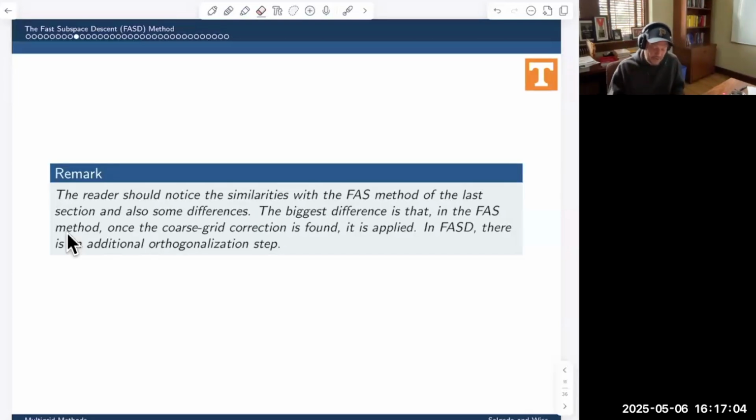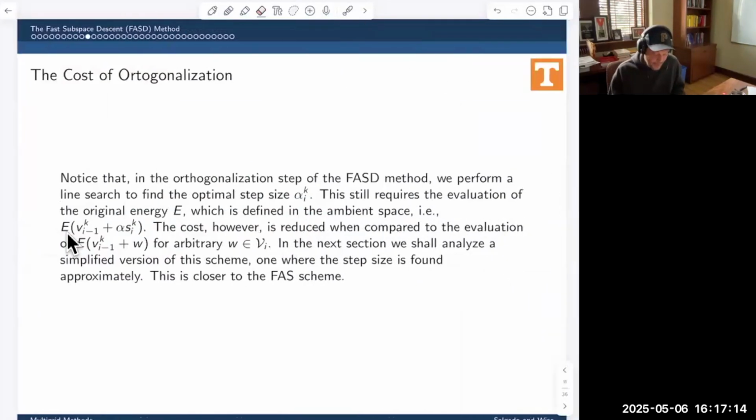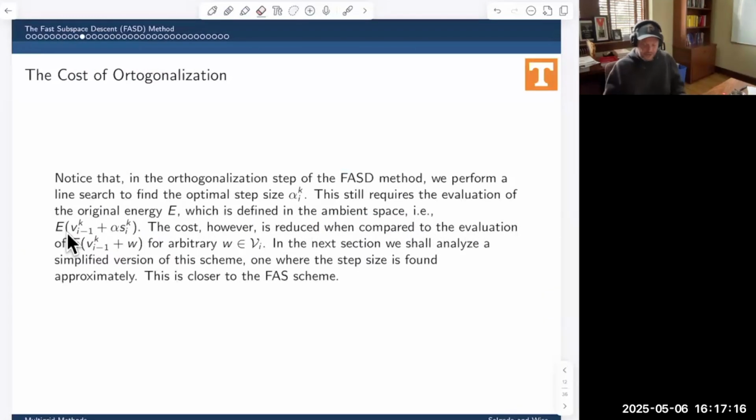And that turns out to make the difference because we can now prove convergence when we use FASD, but we couldn't prove global convergence, for example, when we used FAS. It does require an extra step, and the extra step, of course, is that orthogonalization step, and that does come with a cost. We still have to minimize something.